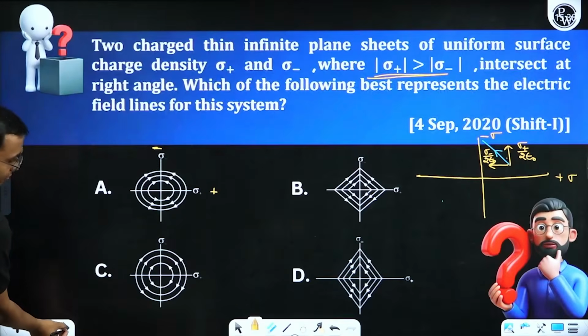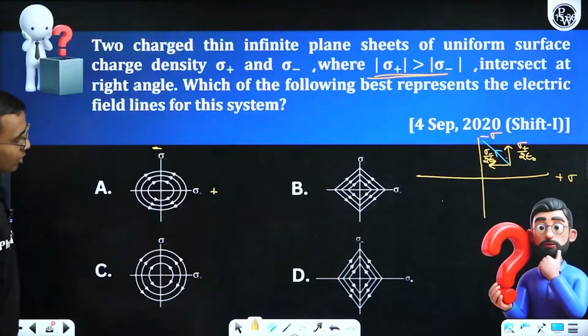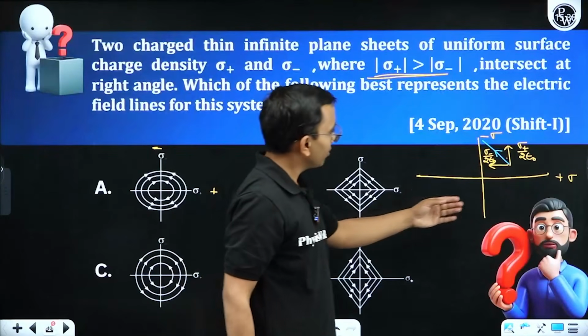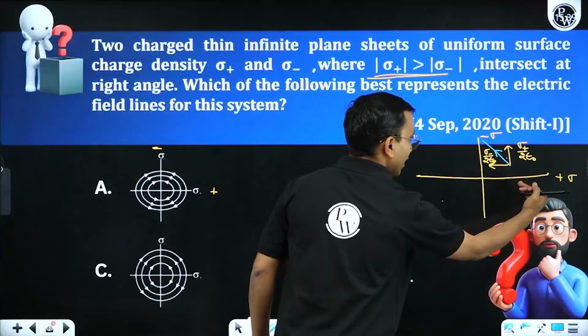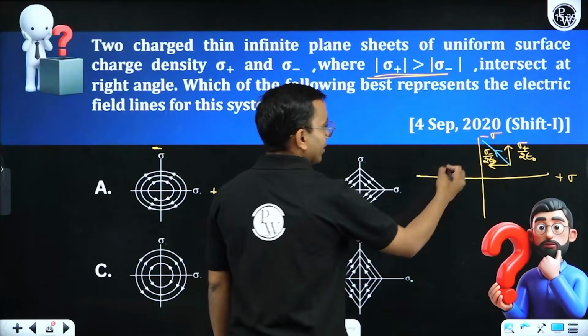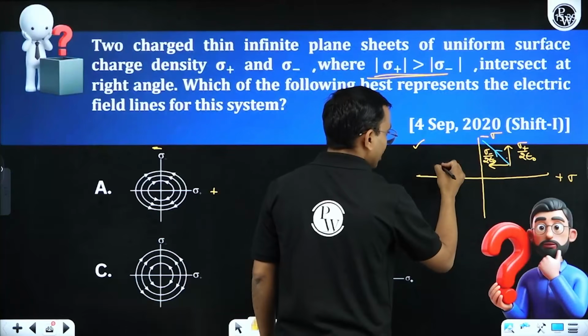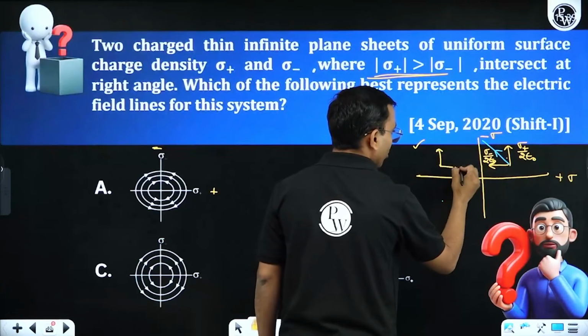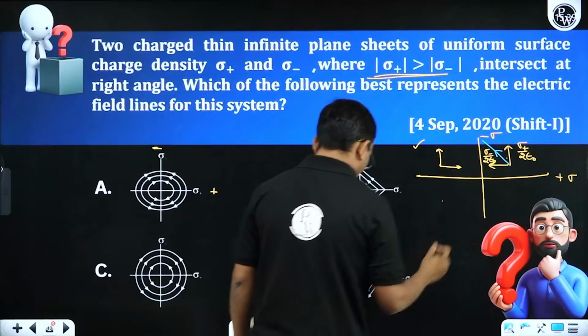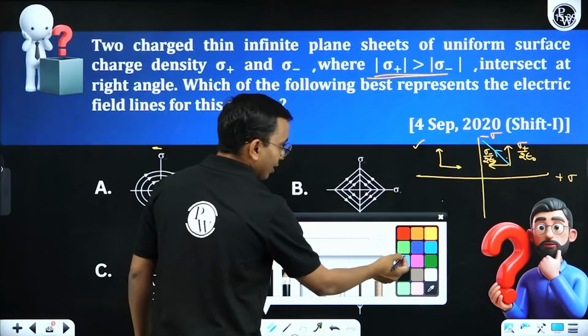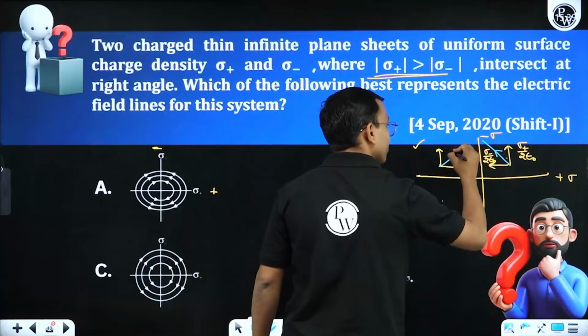Now, here the electric field is uniform, and it's a straight line, it will go like this. In the second quadrant, due to plus it will go like this, due to minus it will go like this. Again the resultant will be somewhat like this.